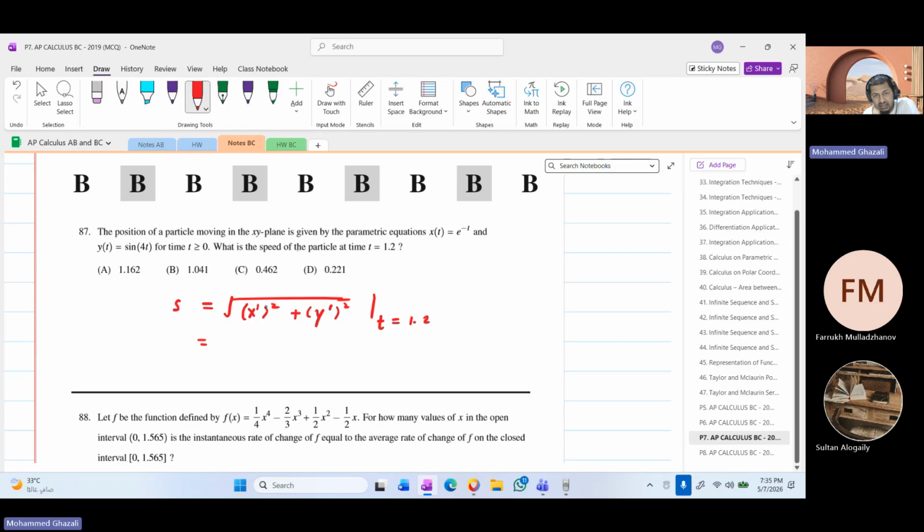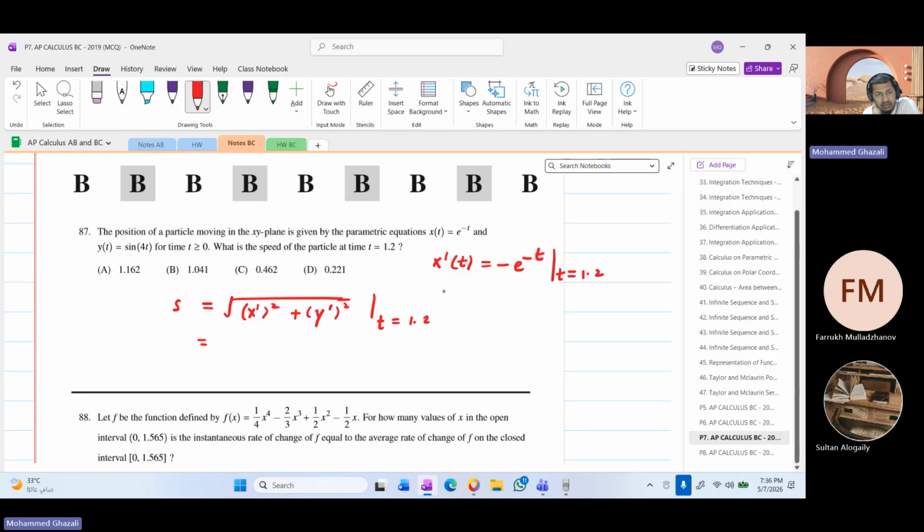What's x prime? We've got to work this out. Do we need to work this out? I'm just checking. Yeah, it's easier to just work it out. What's x prime of t? Negative e to the power of negative t. We're going to evaluate it at t equals 1.2, and then we're going to square the answer.